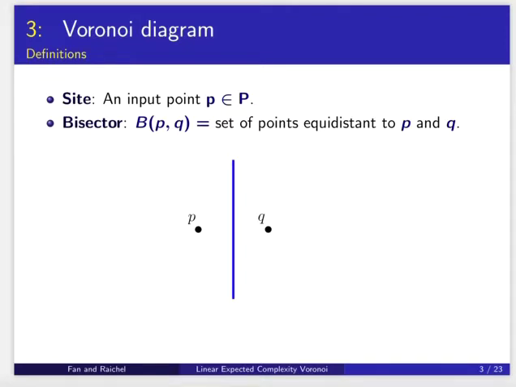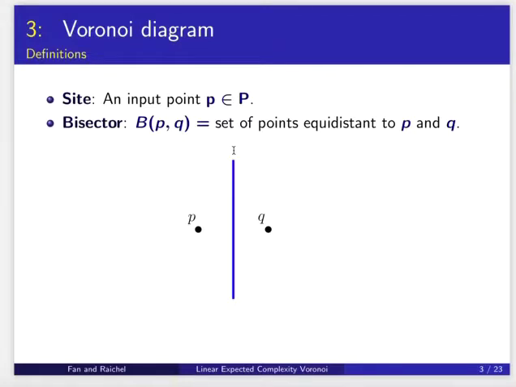Let's review some basic concepts in Voronoi diagrams. Every input point P can be considered as a set. Then the bisector between two sets P and Q is the set of points equidistant to sets P and Q, like in this figure, the blue line.